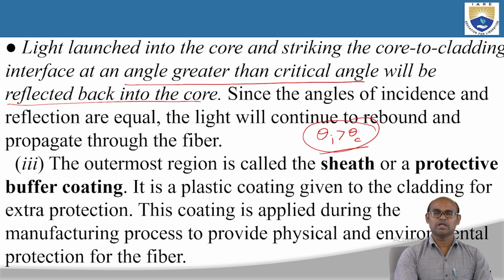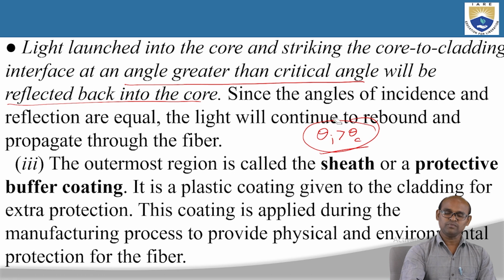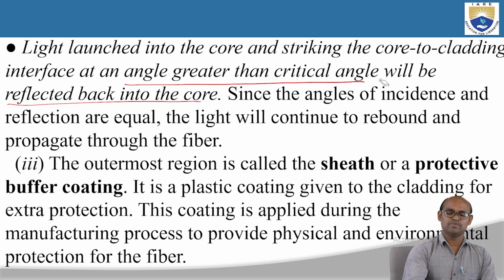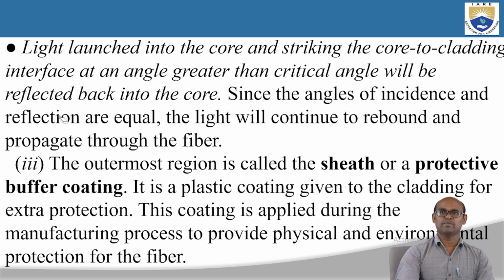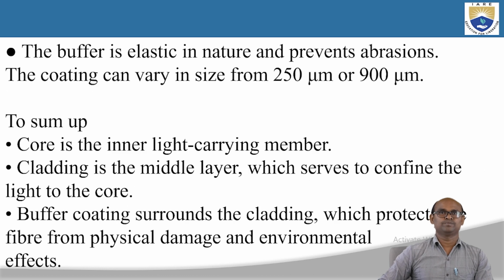The outermost layer is important because it protects the fiber from physical and environmental damage. The buffer is elastic in nature and prevents abrasions. The coating can vary in size from 200 micrometers to 900 micrometers. This is just the outermost layer or coating to protect the fiber.